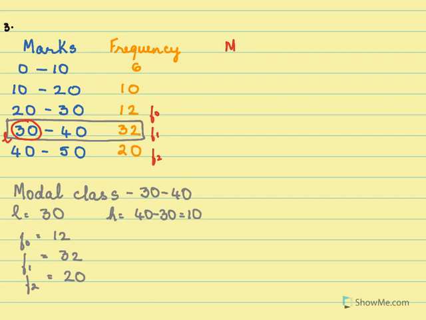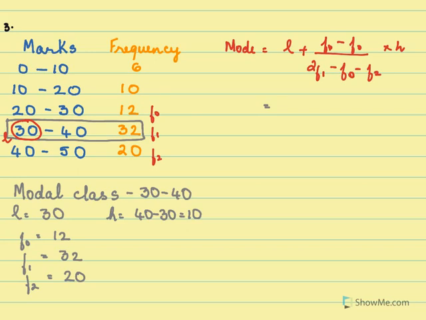So the formula for mode is L plus F1 minus F0 over 2F1 minus F0 minus F2 into H. So let's put down the values.